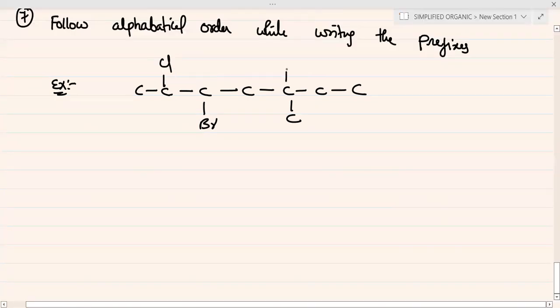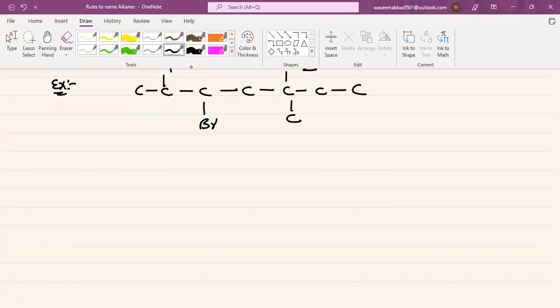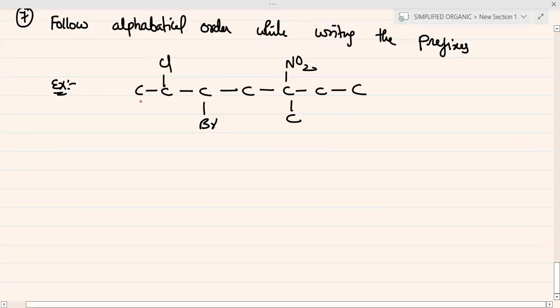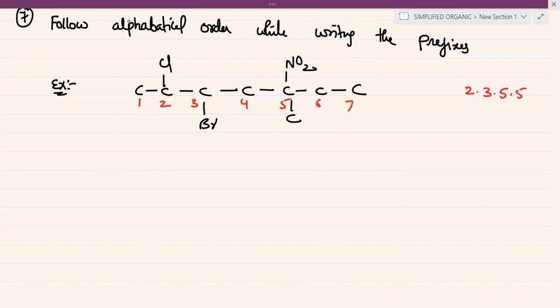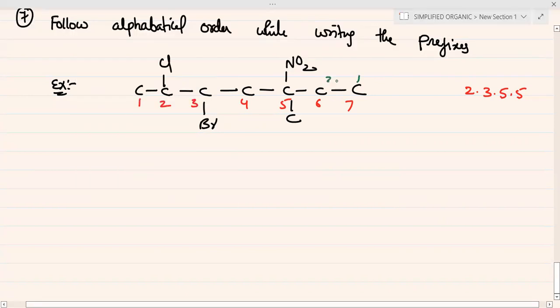Somewhere nitro here. So now following the lowest point of difference rule, see, 1, 2, 3, 4, 5, 6, 7. So what locants are we getting? 2, 3, 5, 5. And if I number from the other direction, that is 1, 2, 3, 4, 5, 6, 7, I'm getting 3, 3, 5, 6.